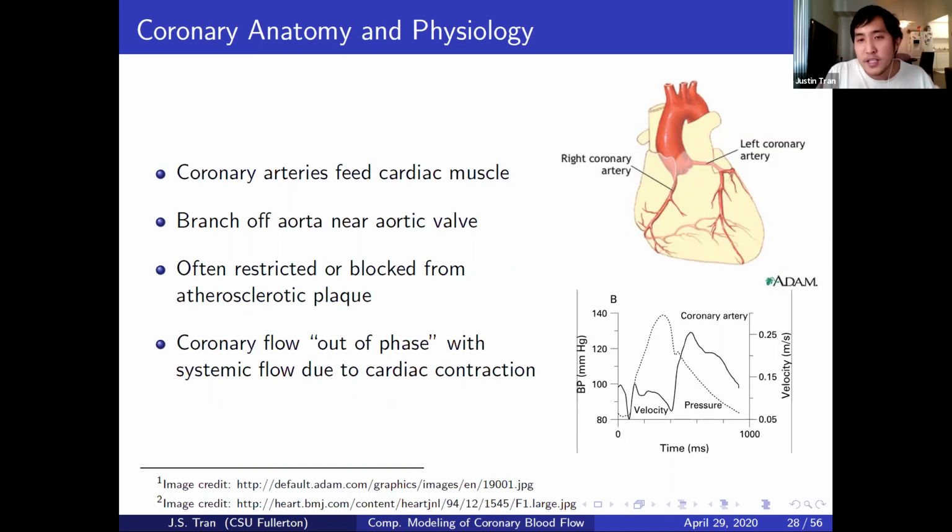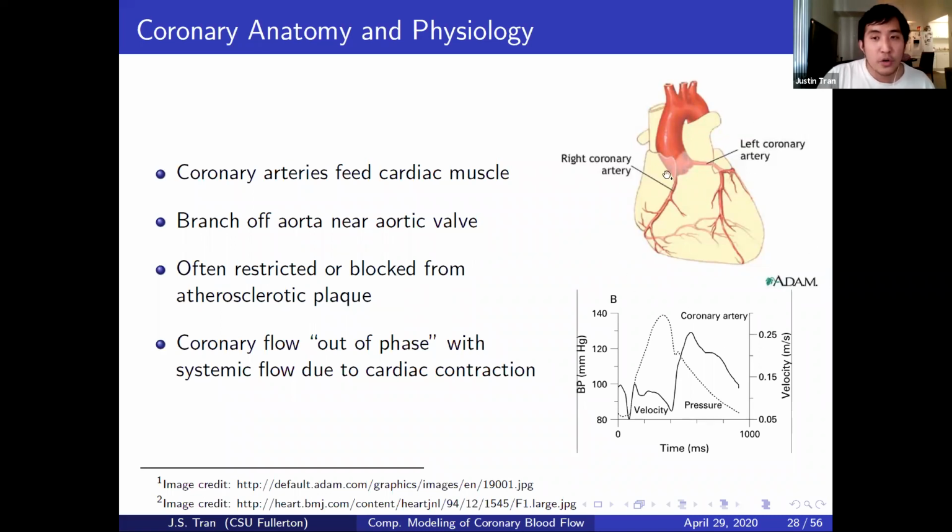Even though your heart is filled with blood, your heart muscle can't actually use that. Your heart is a muscle that's basically always contracting, and just like any other muscle in your body, like your biceps and quads, it needs blood vessels to feed it with oxygen and nutrients. Your coronary vessels are the ones that do that.